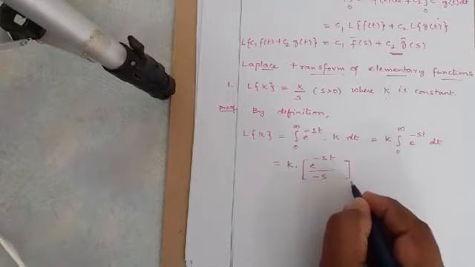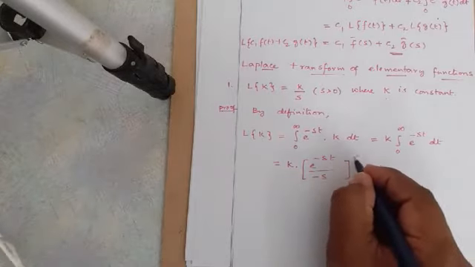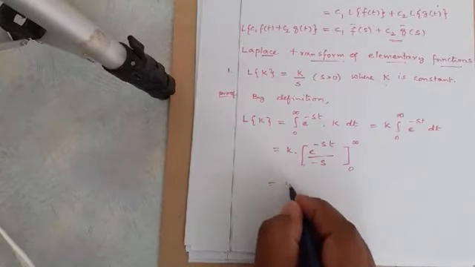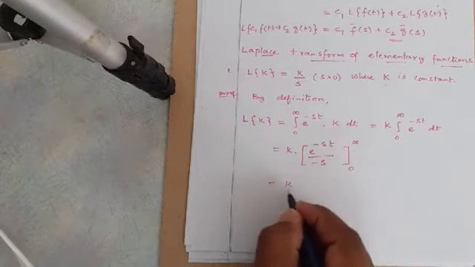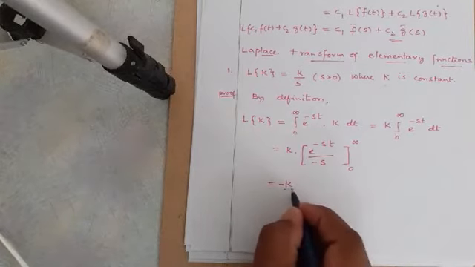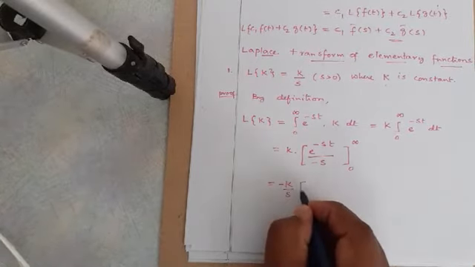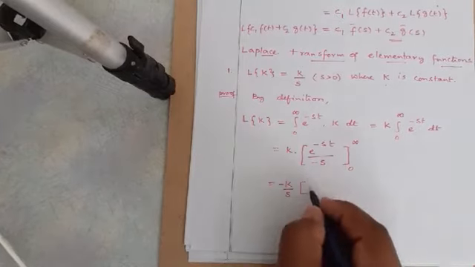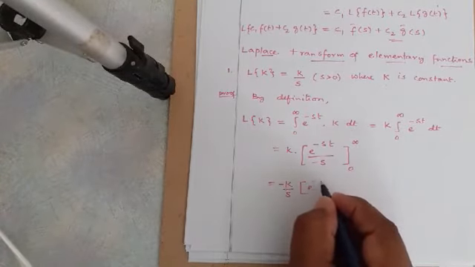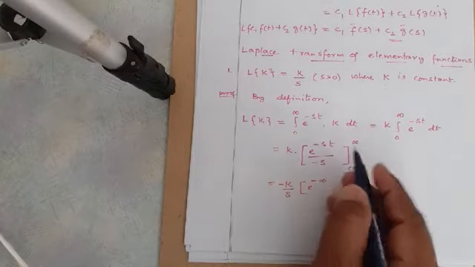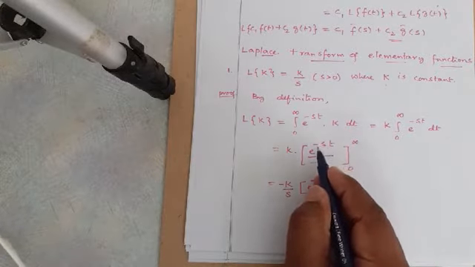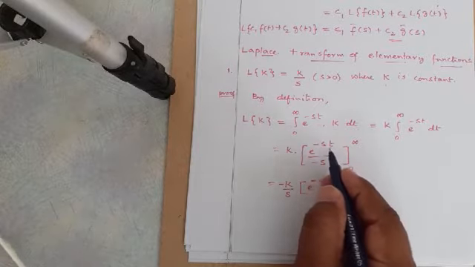Then when you apply the limits 0 to infinity, now in here we write k. Now I take this constant outside, this becomes minus k by s, and in bracket I apply the limits to t. So this becomes e power minus infinity, because when you put t equal to infinity, this becomes minus s into infinity, that is minus infinity.